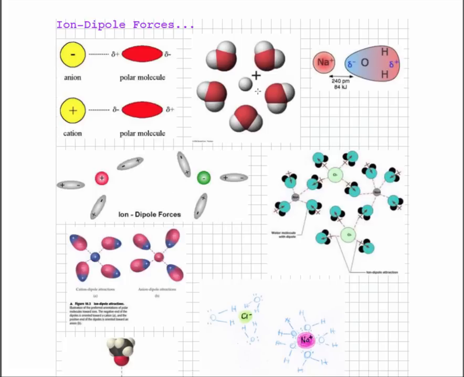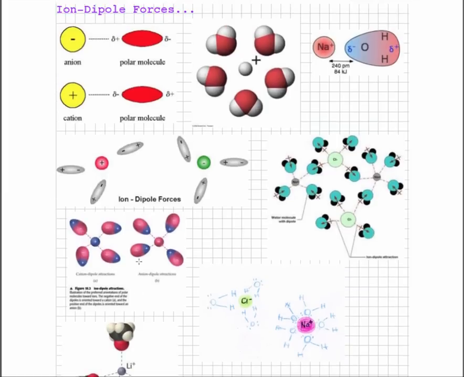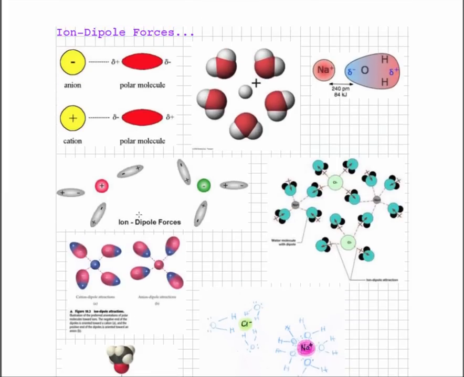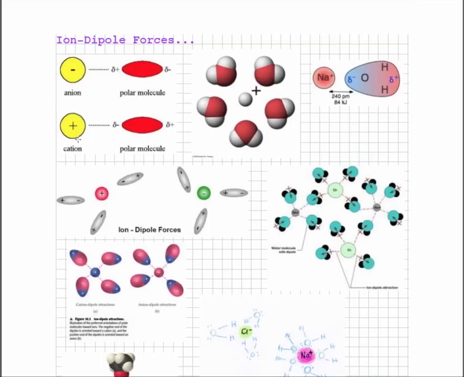The negative side of water surrounds the positive ion, or the positive side of water attracts the negative ion, like we have here, and it just makes water a good solvent for the dipole of water attracting the anion or cation.